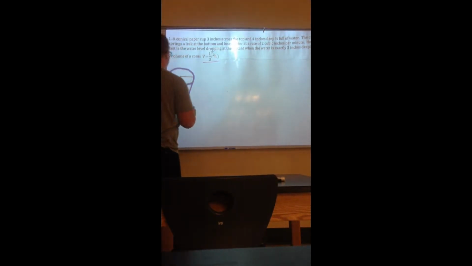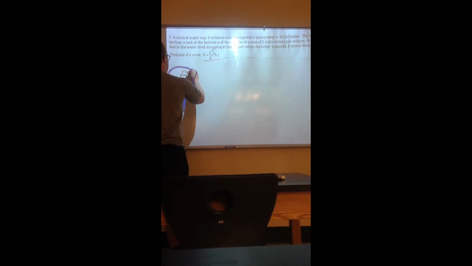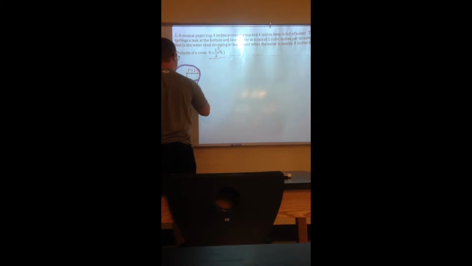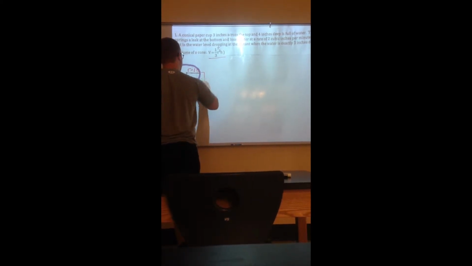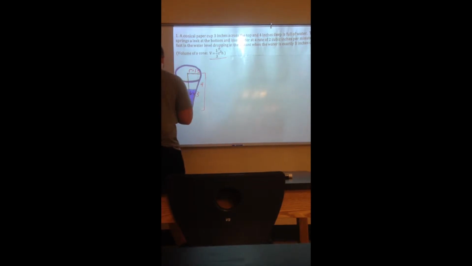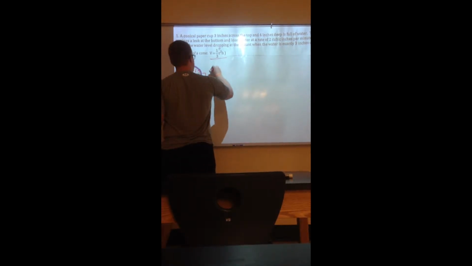And then we want to put in everything we know. So the radius equals 1.5. The height of the water equals 3. And the full height equals 4. So we know the radius isn't changing, so we can put dr over dt equals 0.